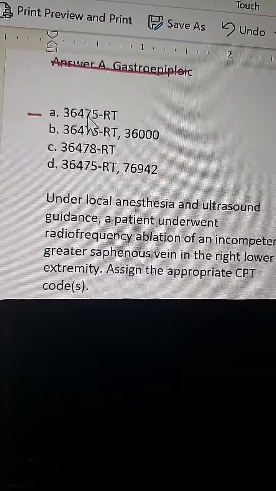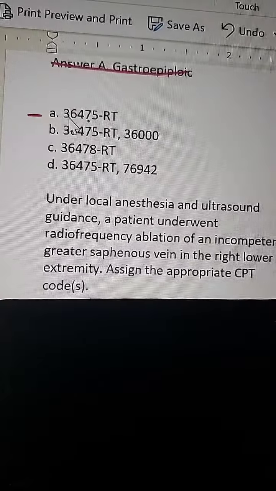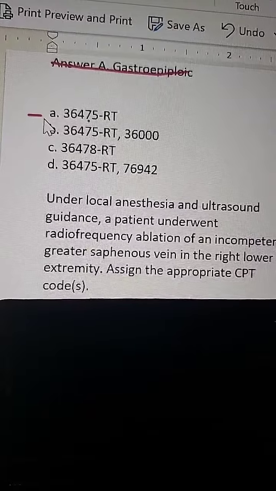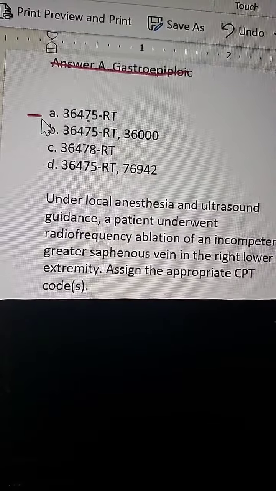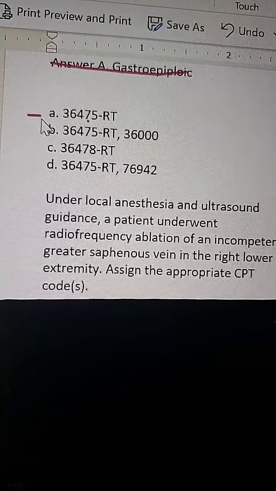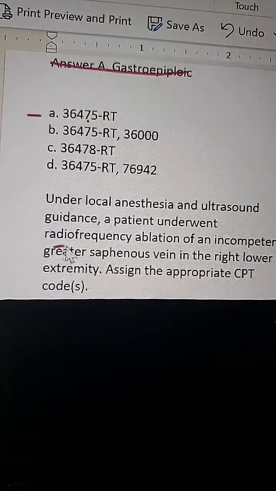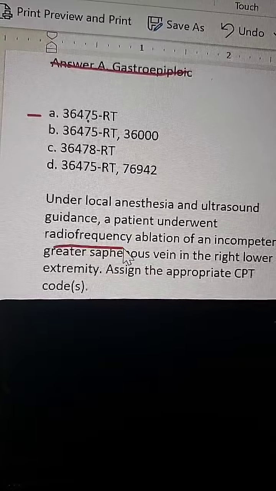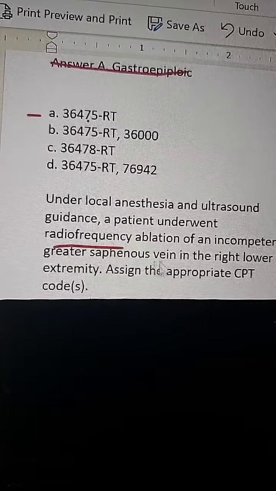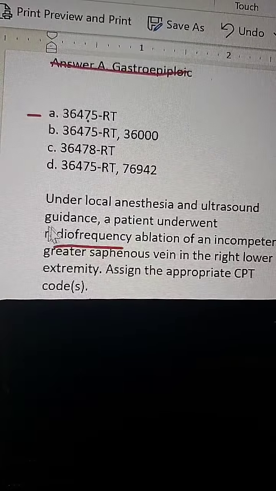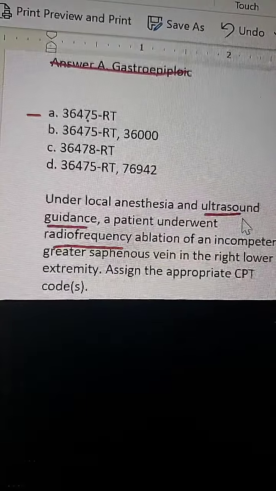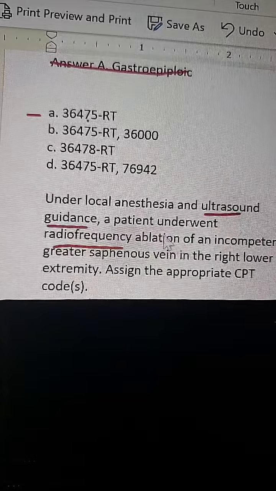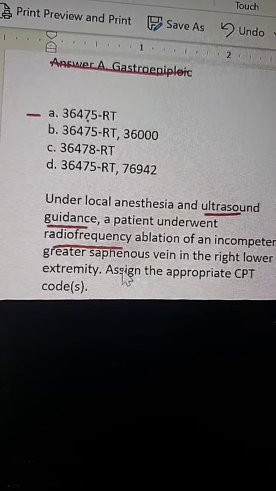36475 is just going to be one page over. So we've got an ablation, radio frequency, yep, and all imaging is included. So imaging guidance is included, and monitoring, and we go through the skin percutaneously.